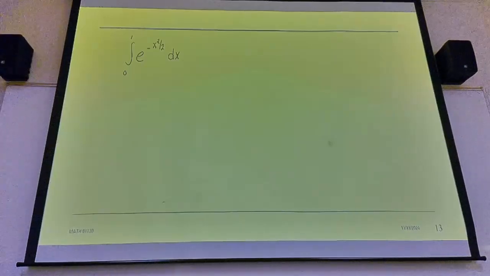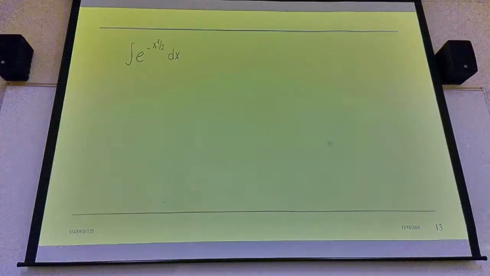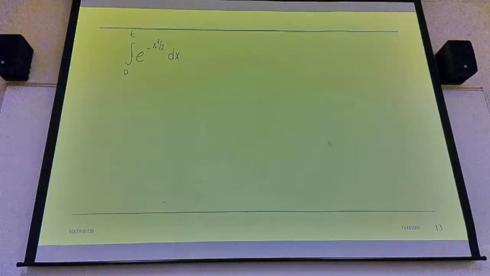In fact, that is a very common function. That's called the error function, actually. If I do this, that's the error function, erf of t. And the t is supposed to be distinct from x.